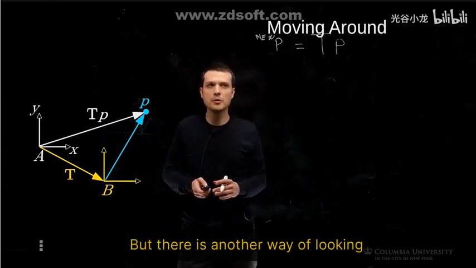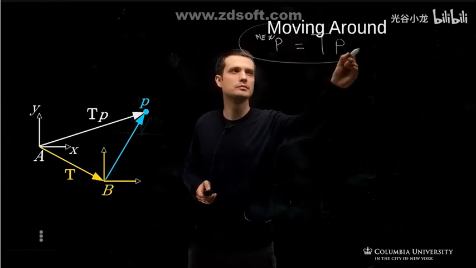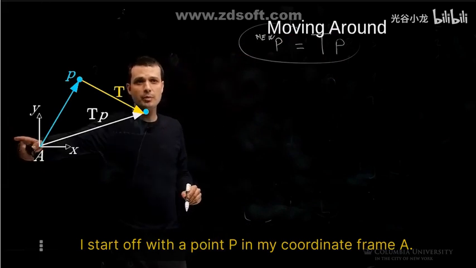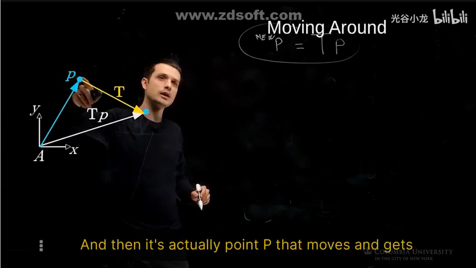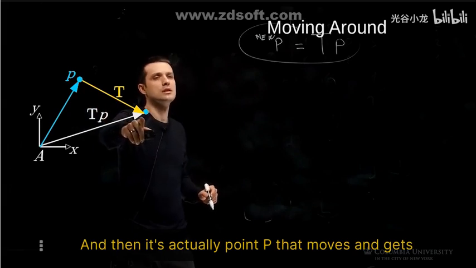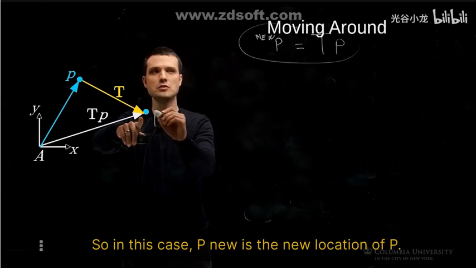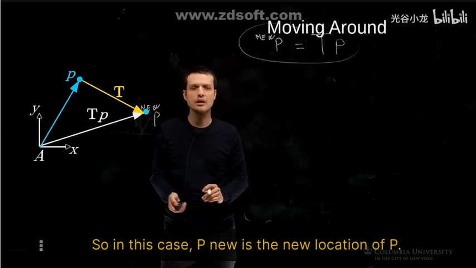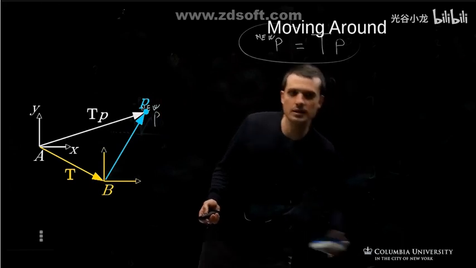But there's another way of looking at the exact same relationship. I start off with the point P in my coordinate frame A, and then it's actually point P that moves and gets to a new location. So in this case, P nu is the new location of P. And you can tell that P nu is the same in both cases.